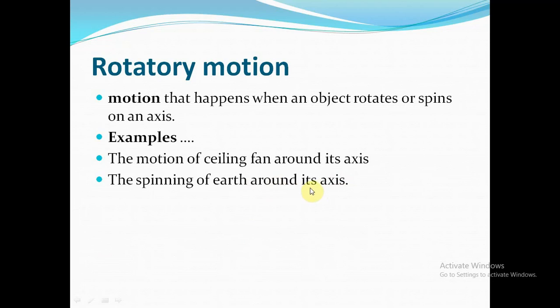Because the earth is spinning around its axis, the part of the earth which comes before the sun has daytime, and the part which is beyond the face of the sun is called night. So the earth is spinning on its axis.